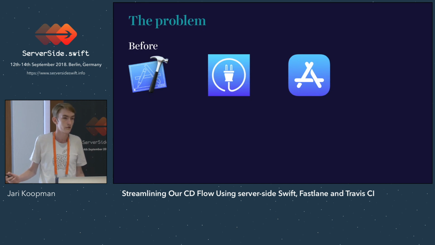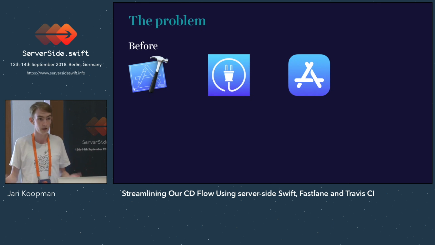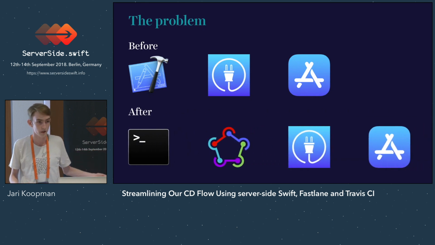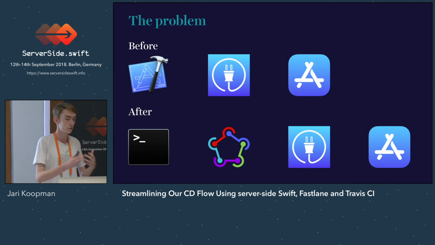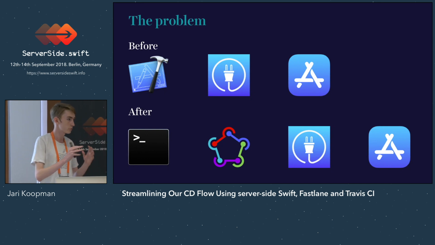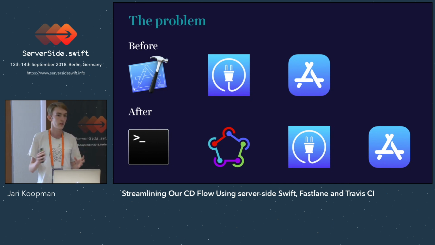So in 2014, Felix Krause, I don't know if I'm pronouncing that right, came up with something called Fastlane. Many of you guys might know it, and that allowed us to change our flow to something like this. So we started with a simple terminal command which invokes Fastlane, and Fastlane is a Ruby gem that allows you to automate pretty much everything that you need to release your app.